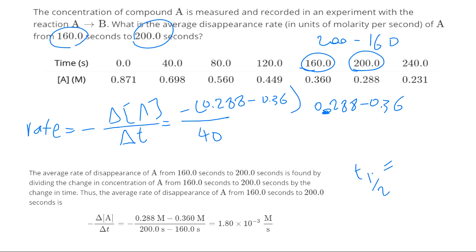That negative times this negative is going to cancel each other's effect. So the rate is not going to be expressed negatively at the end, because it's showing the change in concentration. It is not saying whether the concentration is going to be lower or higher. So you apply this negative as part of the formula.